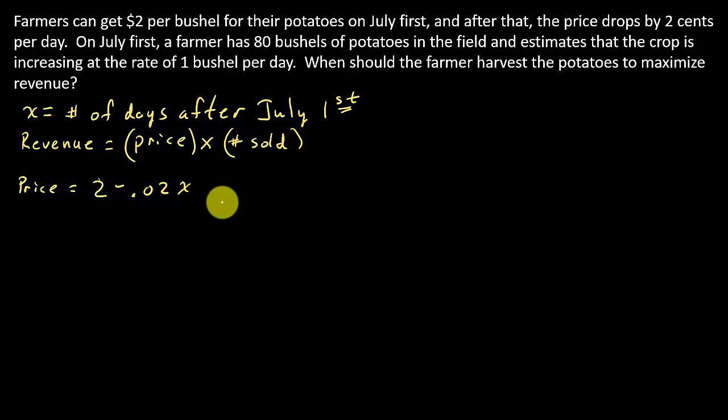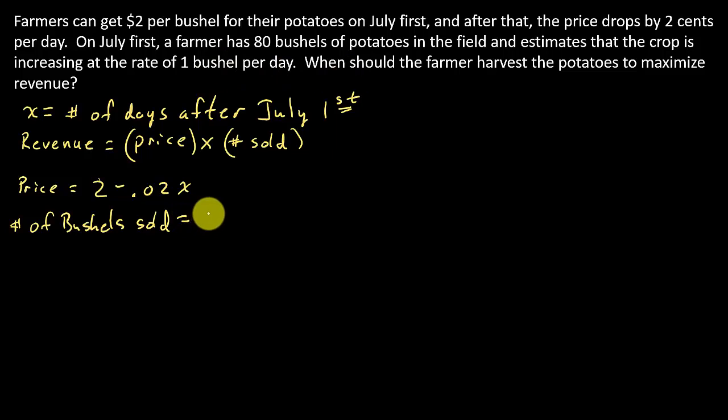Now we need to represent the number of bushels that we sell. So this is going to be number of bushels sold. All right, so how many are we selling? Well, let's see. On July 1st, a farmer has 80 bushels of potatoes in the field and estimates that the crop is increasing at the rate of 1 bushel per day.